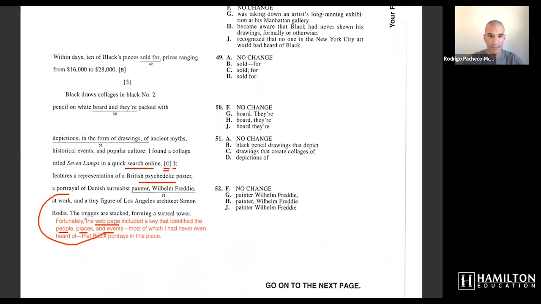That connects to people, and a tiny figure of Los Angeles architect Simon Rodia. So we can make connections to the previous sentence, I found a collage titled 7 Lamps in a Quick Search Online, as well as to the information that follows. And this is why we're going to add this sentence at point C, paragraph 3.